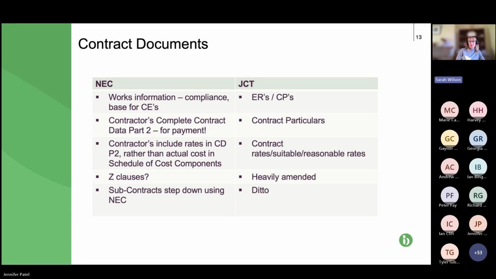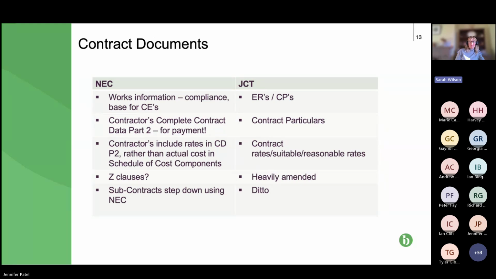In the NEC, we have a scope of works or works information, super critical document. And in the JCT design and build, we have the employer's requirements and the contractor's proposals. Probably the most important document within the contract, because they are what sets out what the works involve and therefore what has been priced.